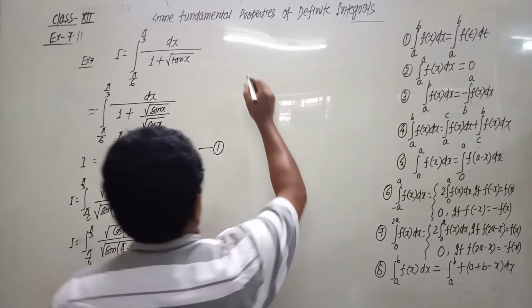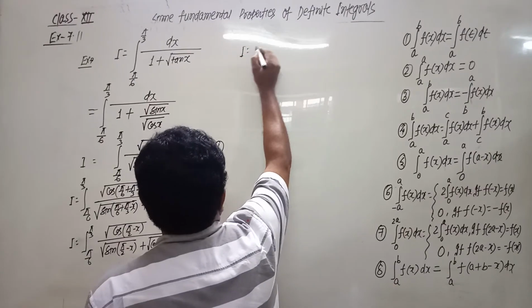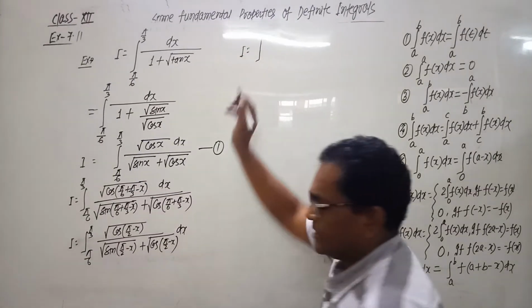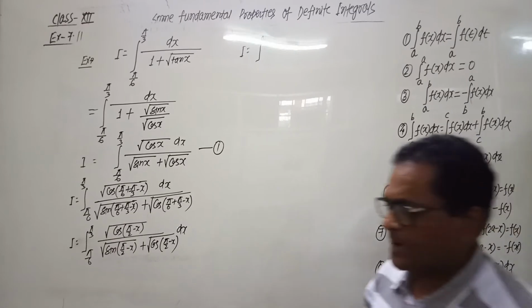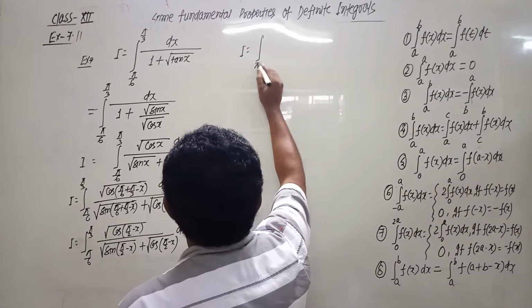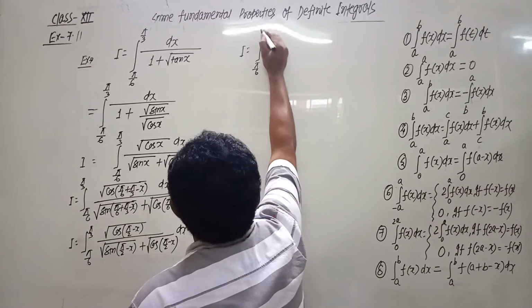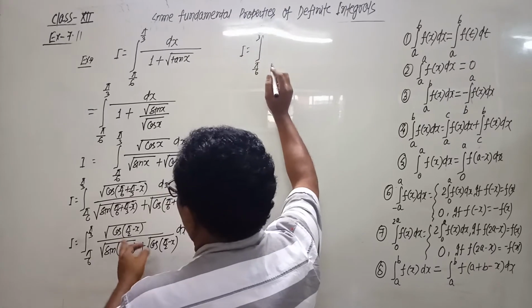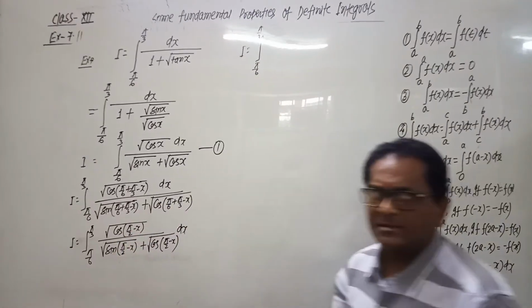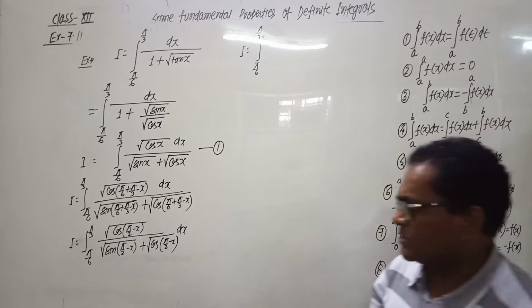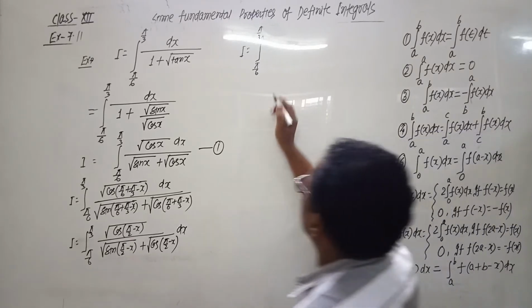Then I equals integration pi by 6 to pi by 3 of cos(pi by 2 minus x), which becomes sin x, since cos(90 minus theta) is sin theta.